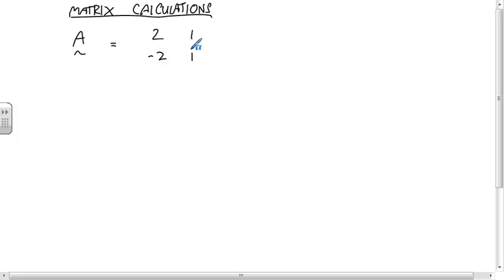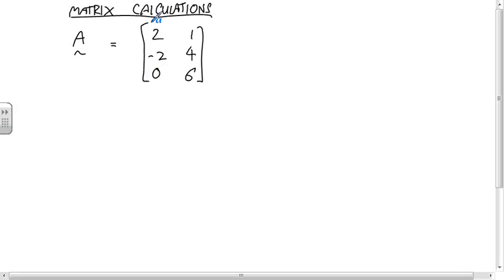So mathematically, before we get started, I want to talk about matrix calculations because matrices are going to be a big part of this class. So let's say that we have a matrix A, and let's say it's equal to 2, 1, -2, 4, 0, 6.